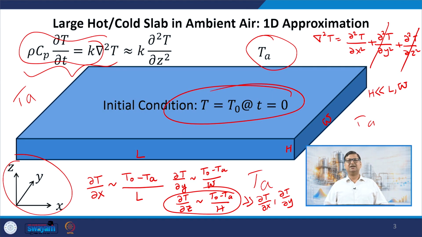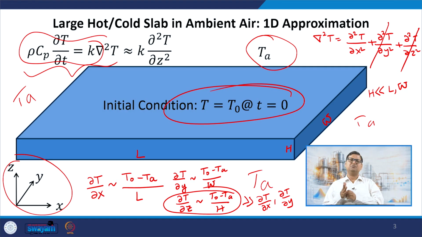What this means here is that if, for example, you have a geometry that is doing some kind of heat transfer and one of the dimensions is much less than the other dimensions, then the gradient of temperature is the maximum in the dimension where the thickness or the length is smallest, because that is where the gradient is going to be maximum, right.